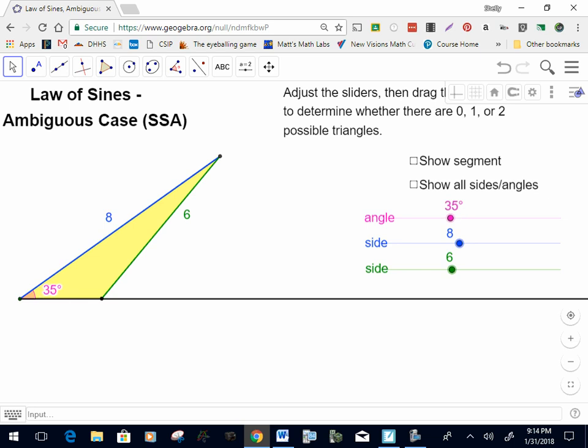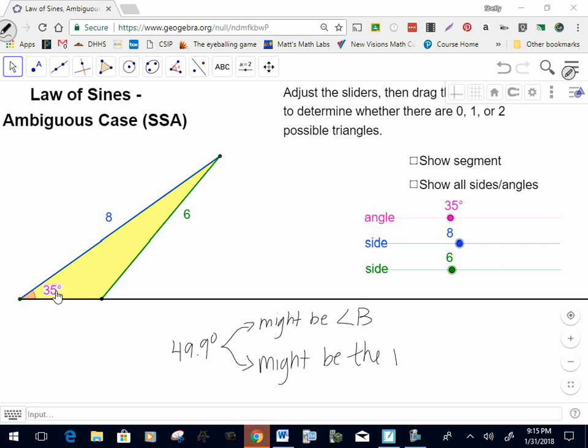What happens is your calculator really can't differentiate between the two triangles as far as the sines go. When it gives you that 49.9 degrees, it might be angle B, but it also might be the reference angle. And we talked about reference angles last time.